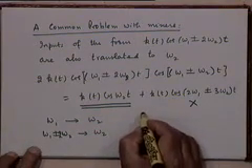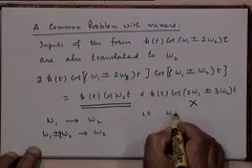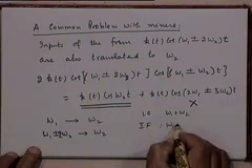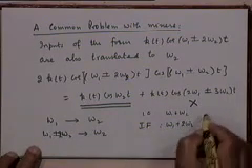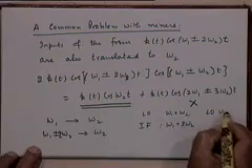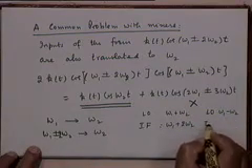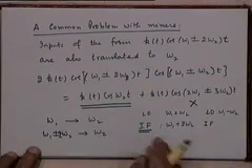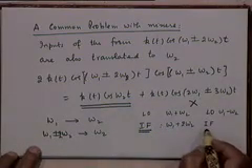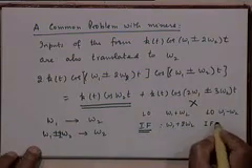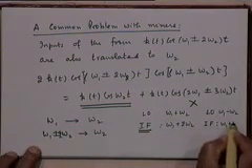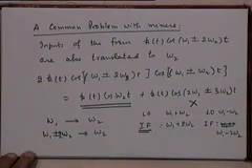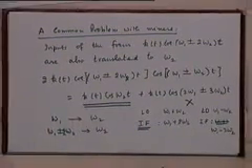More precisely, if LO is omega 1 plus omega 2, the image frequency will be omega 1 plus 2 omega 2. If your LO is omega 1 minus omega 2, your image frequency would be, actually this is a misnomer, I shouldn't use IF, IF is typically used to denote something else, but let me for the moment use that. This will be omega 1 minus 2 omega 2.